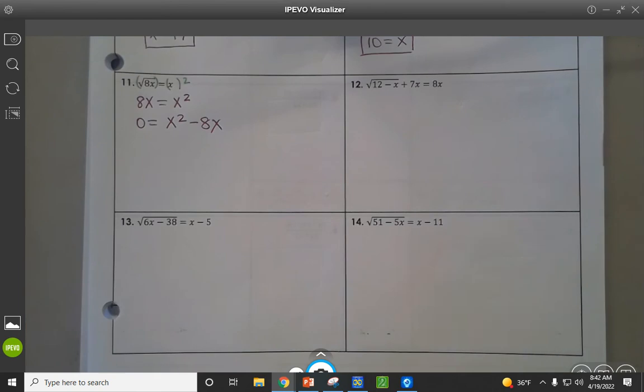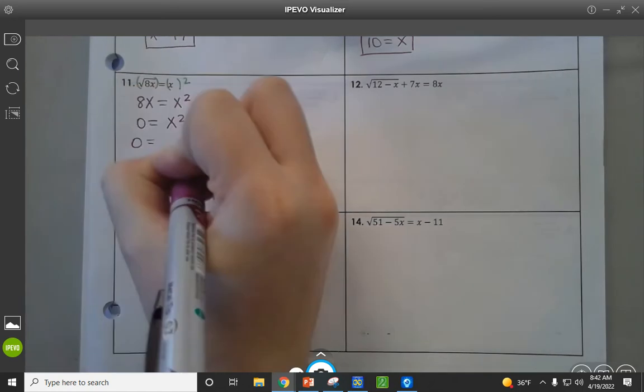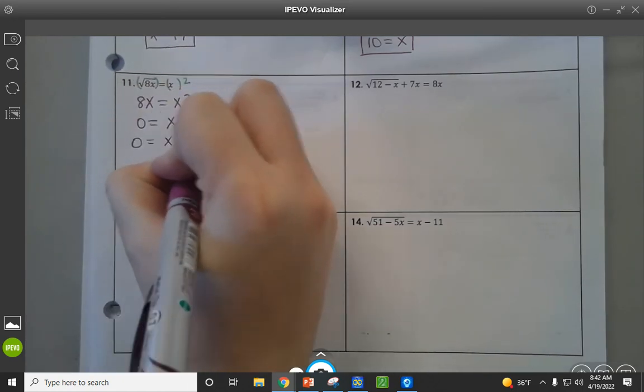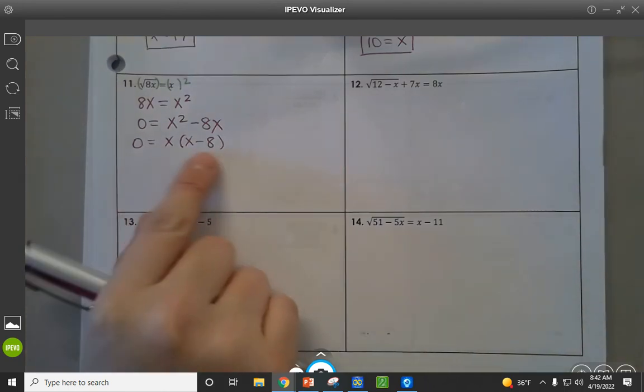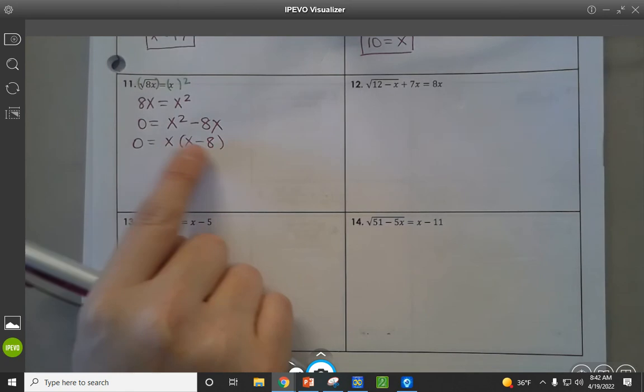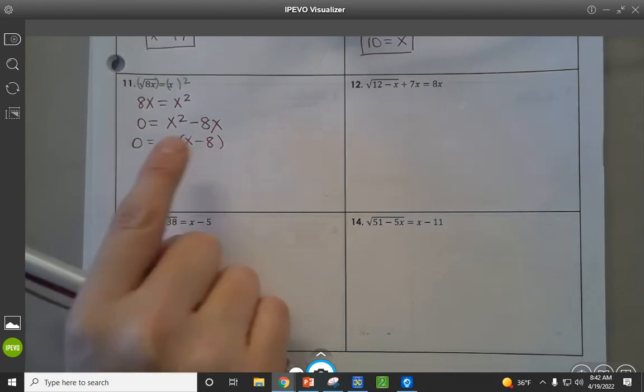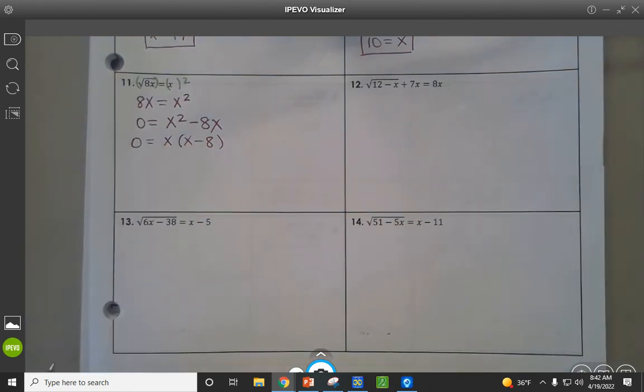And so once it's factored, you set each factor, the x and the x minus 8, equal to 0. And so we will have possibly 2 solutions on this one. So if I do the x equals 0, if I set x minus 8 equal to 0, what is that? X equals 8, yep, positive 8.